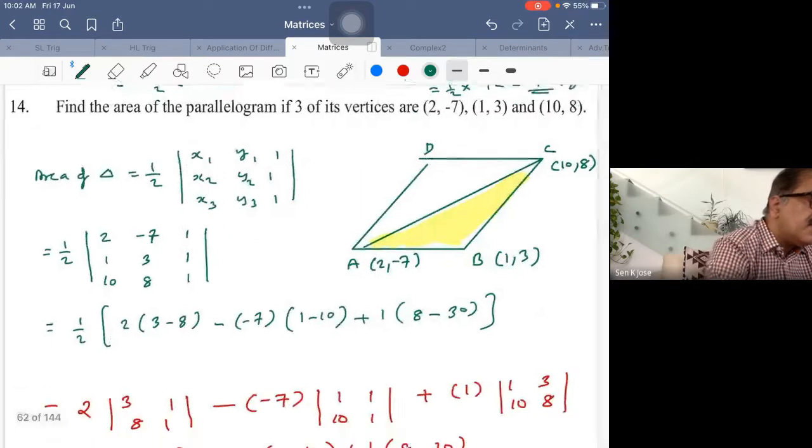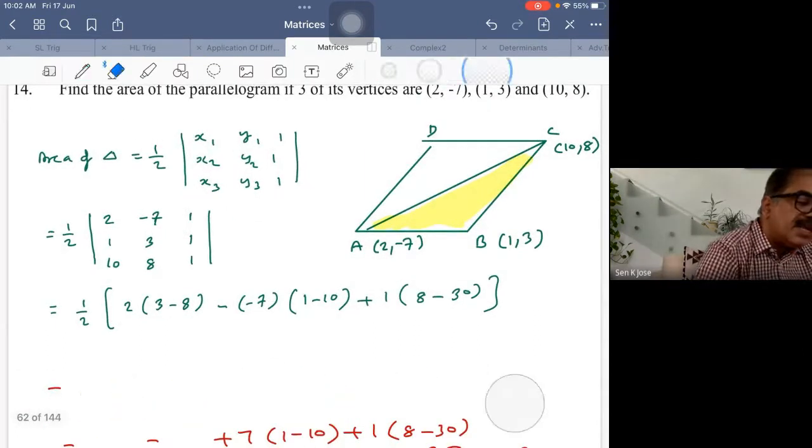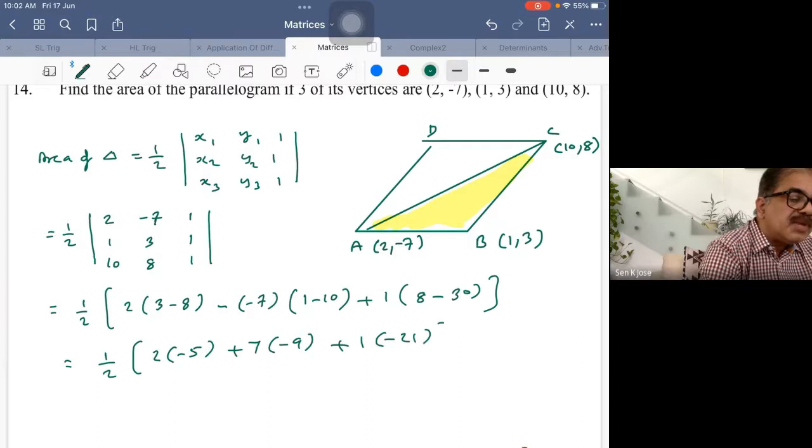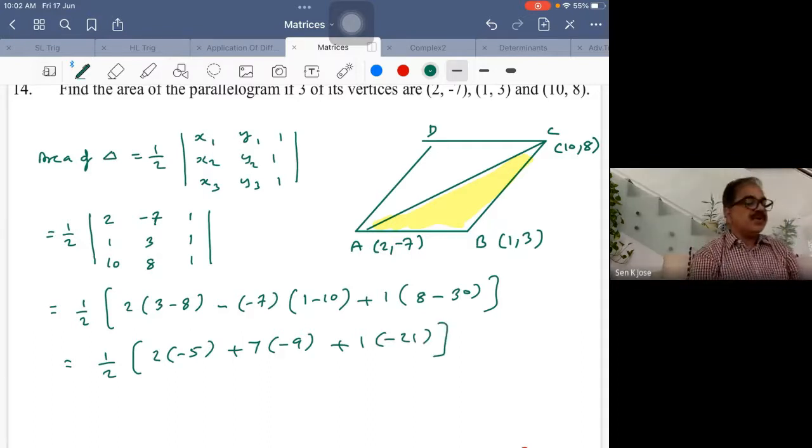So now evaluate it and then double the answer to get the parallelogram area. So that's going to be half into 2 times negative 5 plus 7 times minus 9 plus 1 time minus 21. Oh, there is one thing I forgot to tell you. When you apply this formula, sometimes your answer can turn out to be negative.